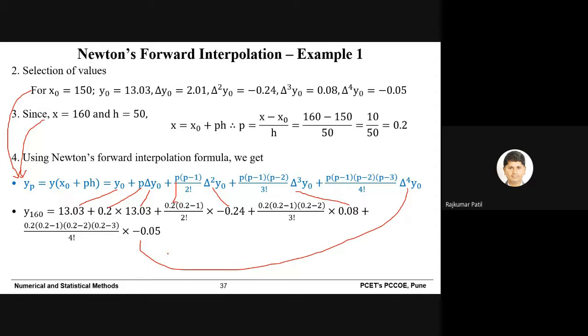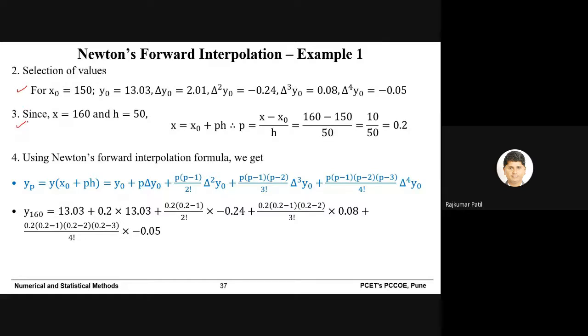We put all the values, and once again I would like to mention that you must write the values along with the corresponding notations, because if we try to put the values in this equation by referring to the table, then there is a chance of making some mistake. So you should be very careful.